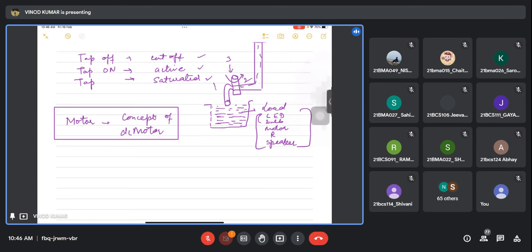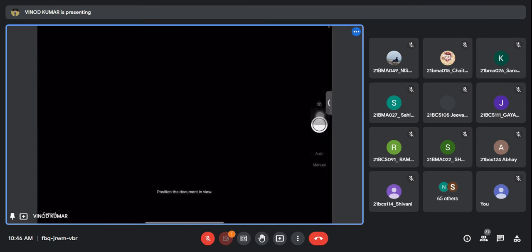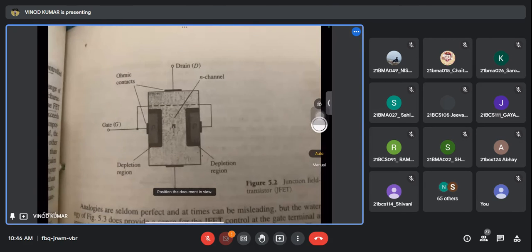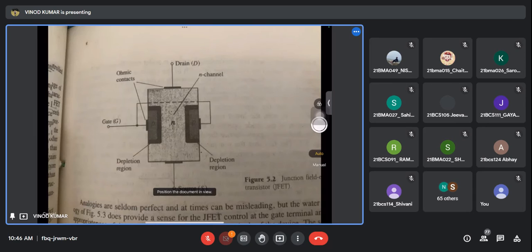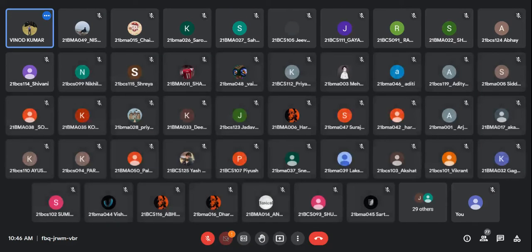So if you go, I'll just show you a few images of this. So this is junction field effect transistors.